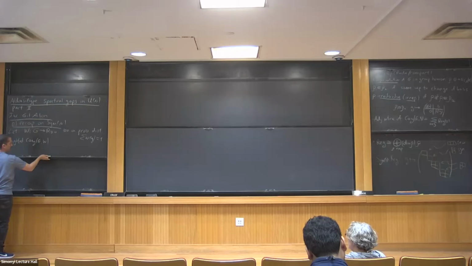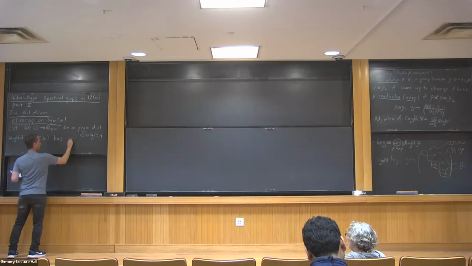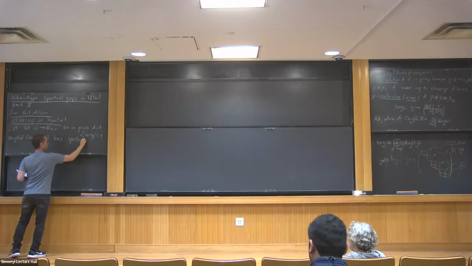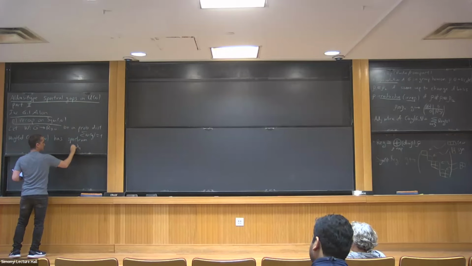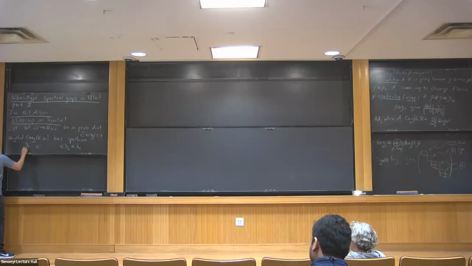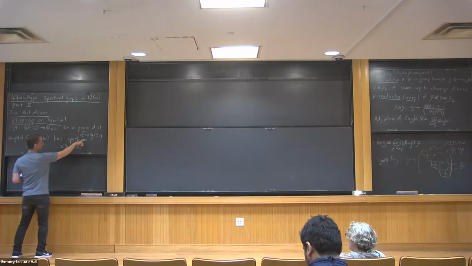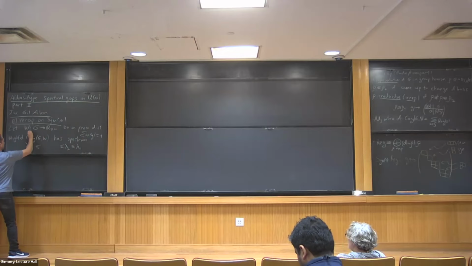It has a spectrum, meaning the spectrum of the adjacency matrix. It's a |G| by |G| matrix, so we have |G| real eigenvalues. I need to assume that the distribution is symmetric.